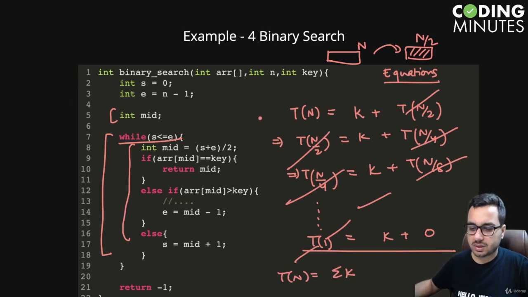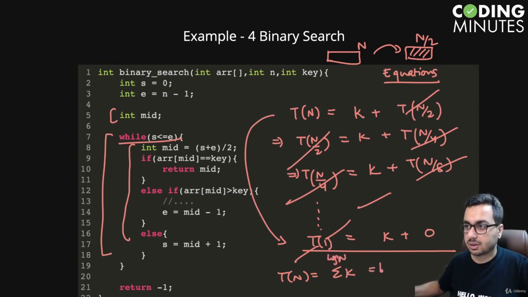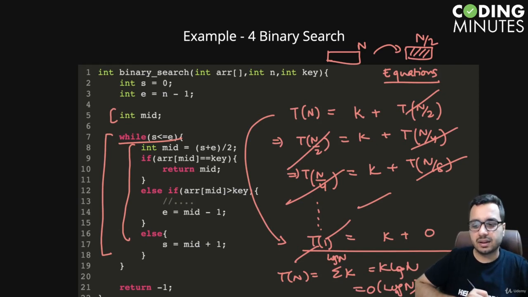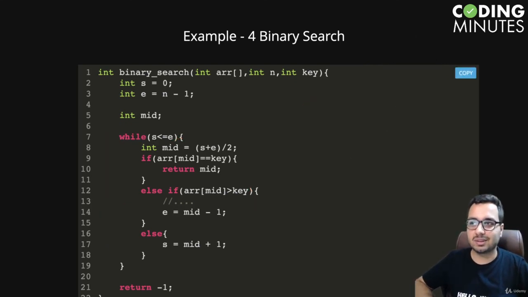How many such equations will I have? I'm going from n to 1 every time by dividing by a factor of 2, so I'm going to have log of n equations. So it becomes k into log n, which is order of log of n. That's how we can also derive the complexity mathematically. I hope this is clear, and I will see you in the next lecture.